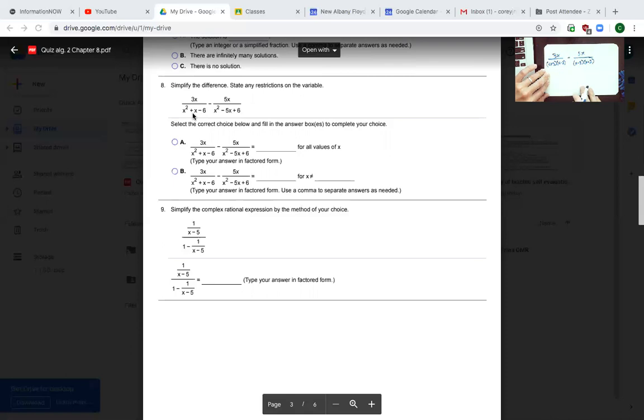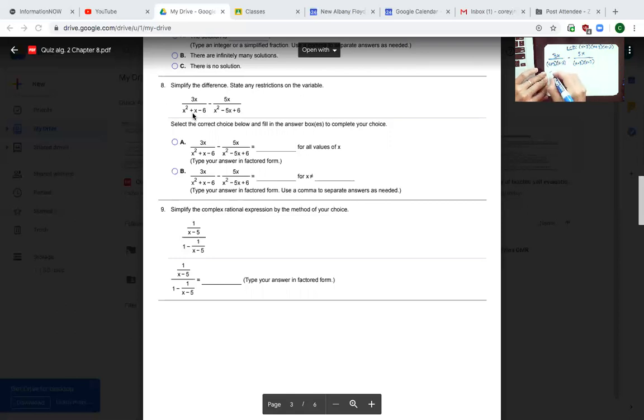So overall, my LCD is going to be x plus 3 times x minus 3 times x minus 2. I'm not going to be able to show every little detail here, but on this side, I am missing just the x minus 3 part of that.